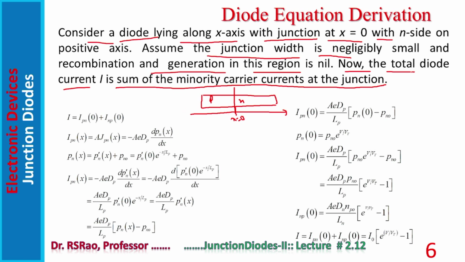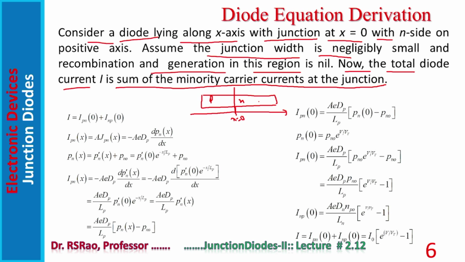Now, what he says is the total diode current I is the sum of minority carrier currents at the junction. The current inside the diode can be split into two parts. One part is called majority carrier current. Another part is called minority carrier current. Total current is the sum of these two currents. This is one aspect we have to keep in mind.